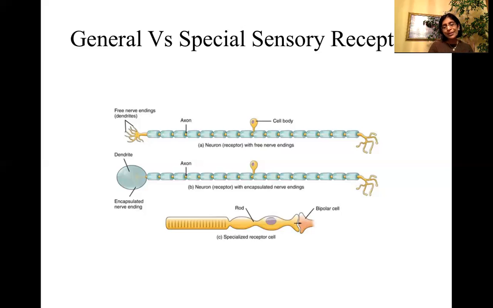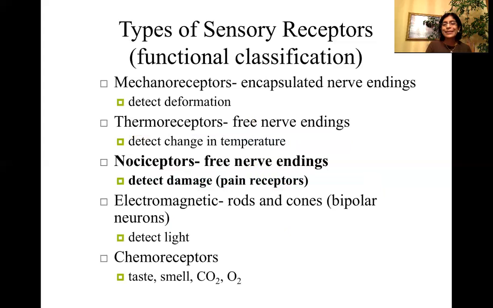Whereas special senses are typically dealt with by specific lobes: the auditory cortex for processing of sound and understanding all about hearing, or the visual cortex for processing the photo energy. So those are some differences between general and special sensory receptors.